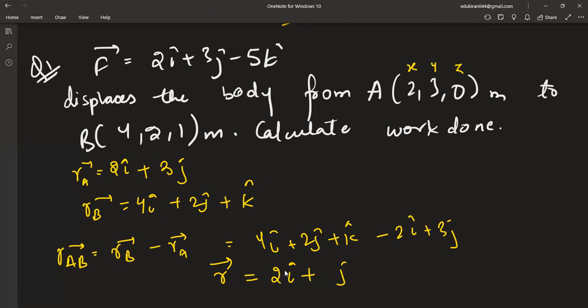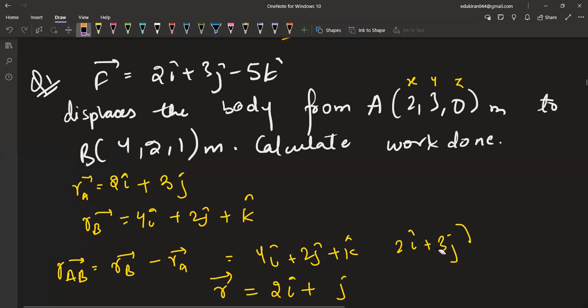Then from here we are having 2j cap plus 3j cap. So we have to change the signs as well. Look here, we are subtracting these vectors. So this is 2i cap plus 3j cap. When you are subtracting them, we have to change the sign. So this becomes minus, this will also become minus, right? Because we are subtracting them. This is B, this is A, final and initial. So 2j cap becomes minus 3j cap.